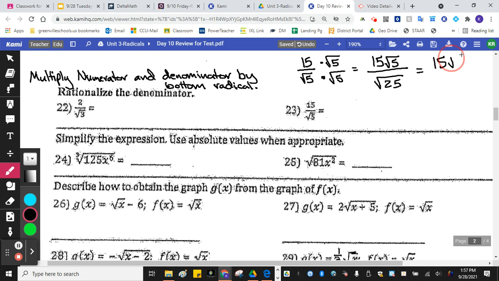And this should always simplify to get you just whatever you multiplied by, basically. Square root 25 is 5. And then the last step, 15 divided by 5 is 3 square root 5. You can't simplify this 5 and this 5 because this is under the radical and that one's not.